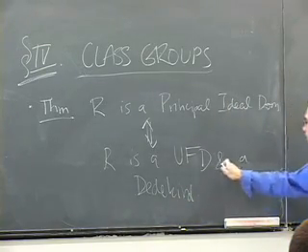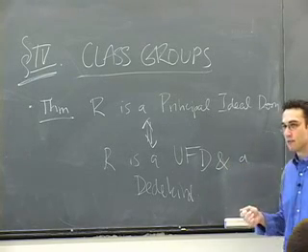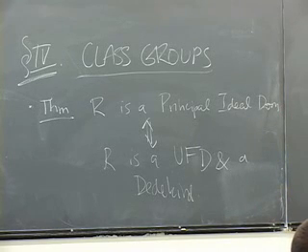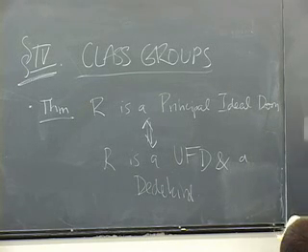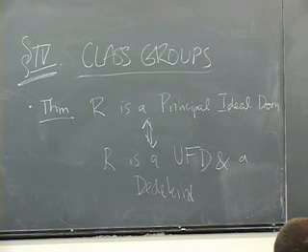The other direction relies on showing effectively that Dedekind domains have the beautiful property that they can be generated by two elements. They may not be principal, but they can always be generated by two elements. And from that, it's not that hard. Once you can show that, then it's not that hard to show that unique factorization in addition implies that every ideal is principal. So there's a subclass of the Dedekind domains, and those are the principal ideal domains.